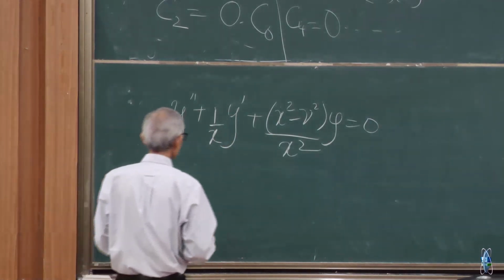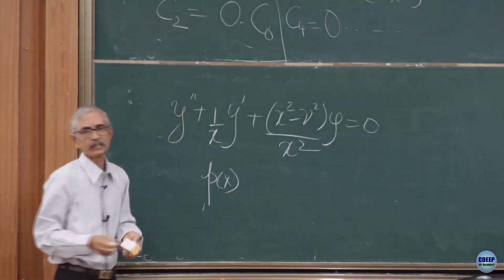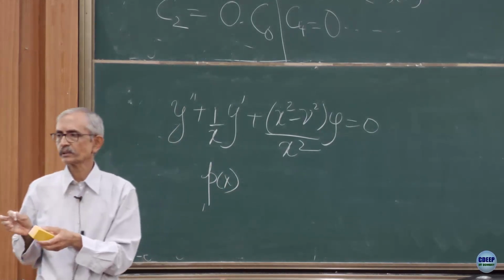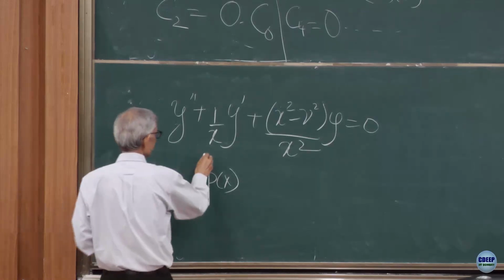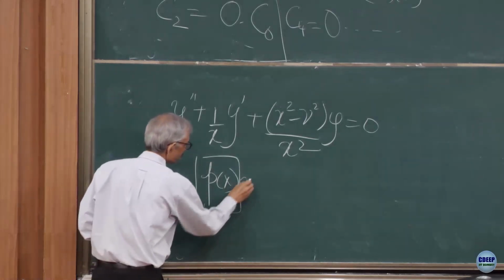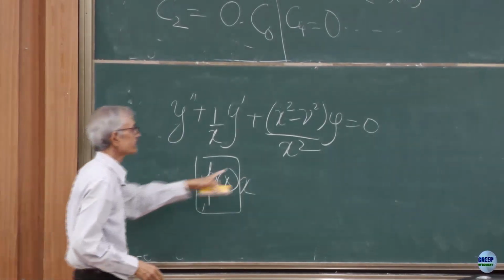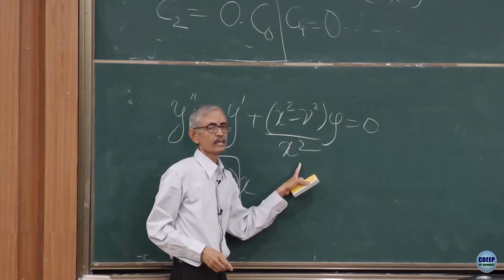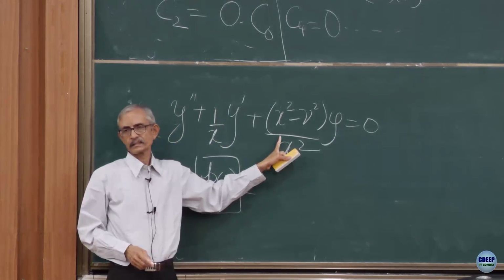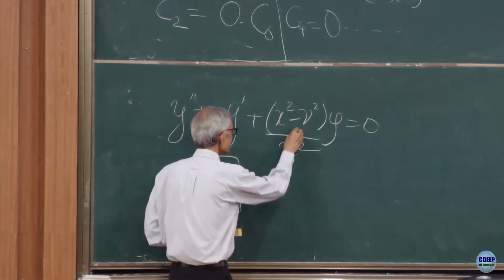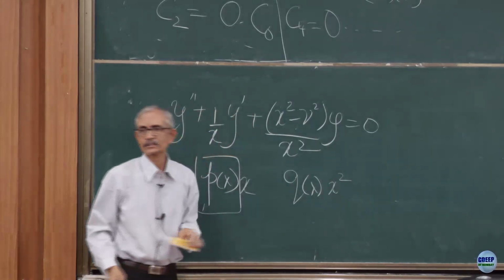How do we find out whether this is a regular singular point or an irregular singular point? You take this, which is p of x, and multiply it with x, and take this, which is q, and multiply it with x square.